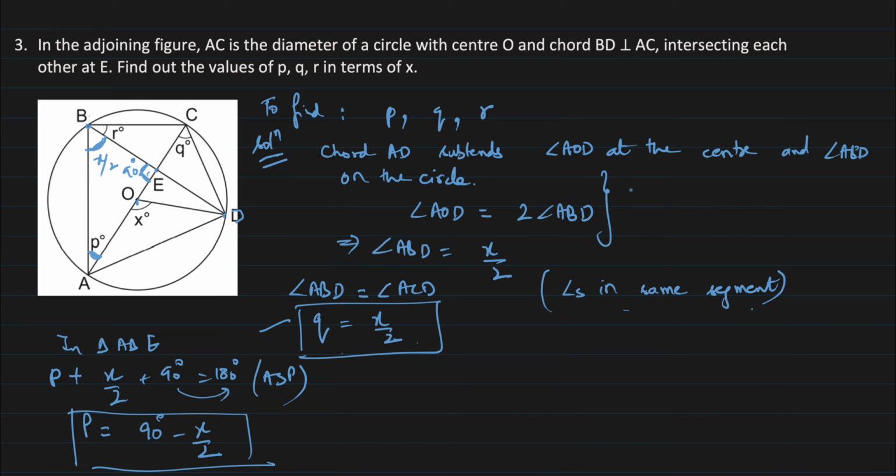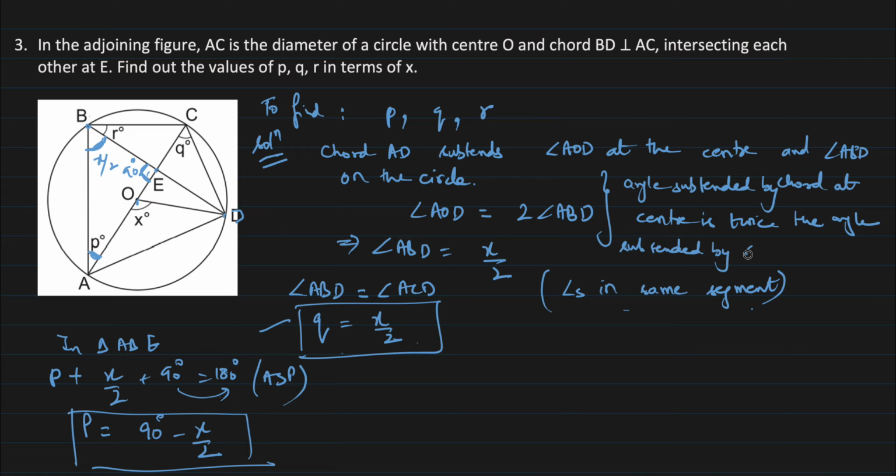I've not written it here, so we can write: chord AD subtends this. So angle subtended by chord at center is twice the angle subtended by chord on the circle, okay?